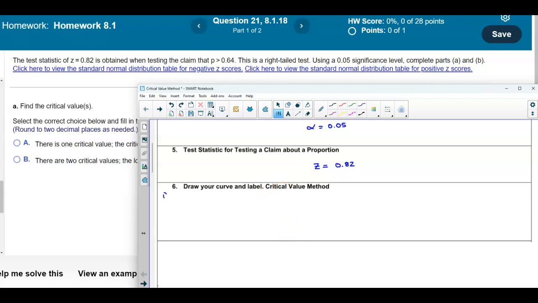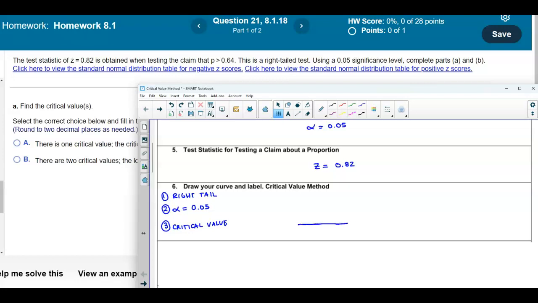The first thing we need to tell ourselves is that we know it's a right-tailed test. So that means we're only going to have one critical value, and that critical value is going to have an area of 0.05. We want to determine what that critical value is.